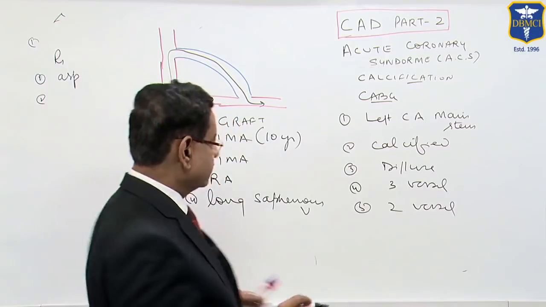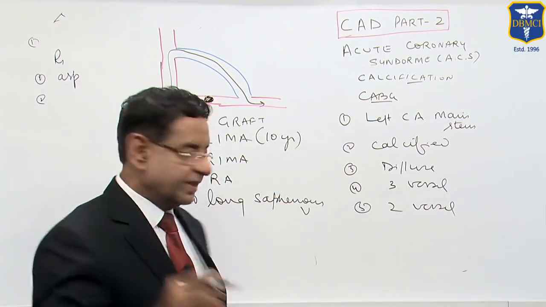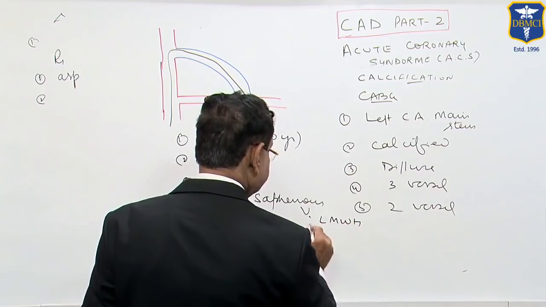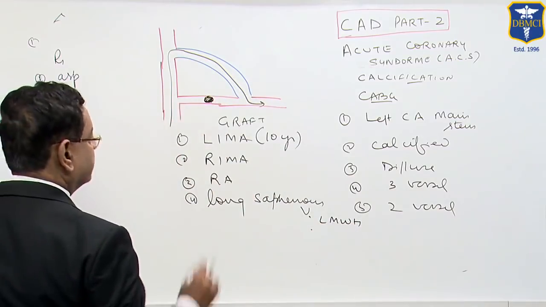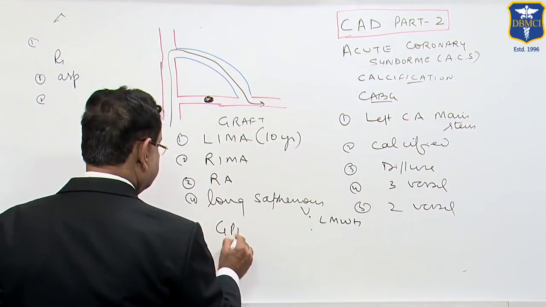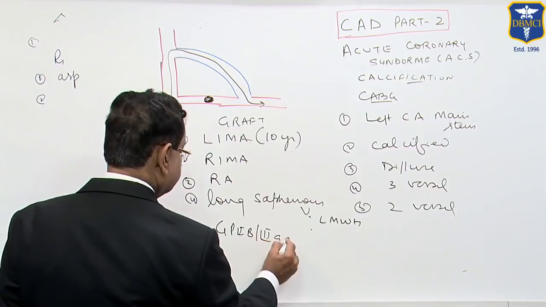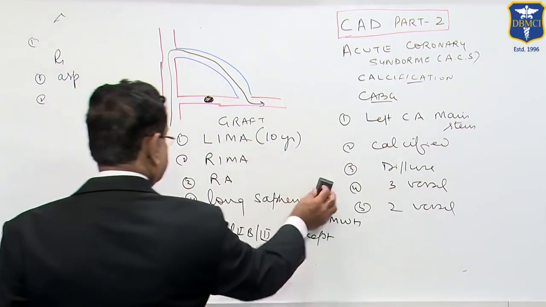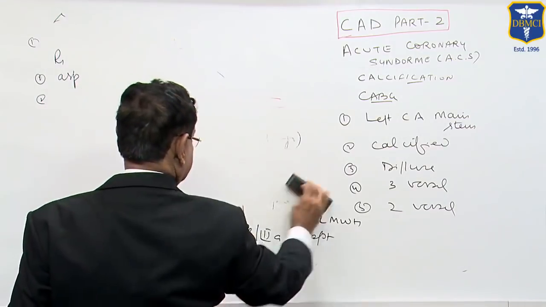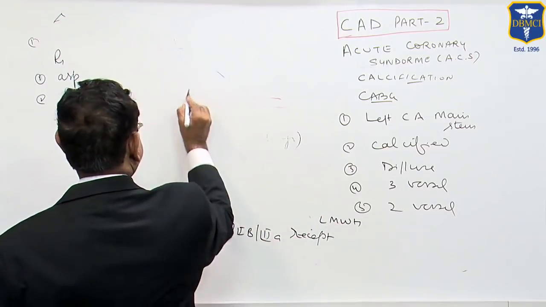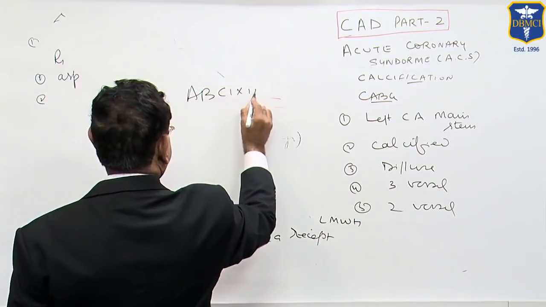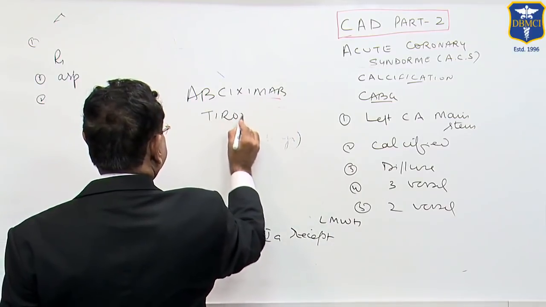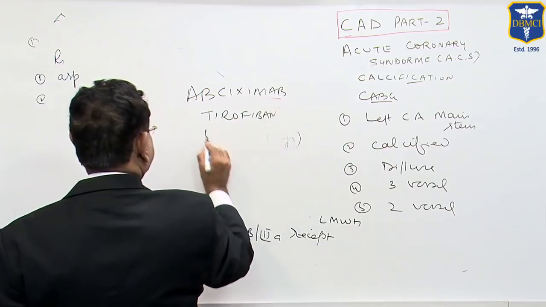In all patients with acute coronary syndrome, in addition to what we discussed, you should use low molecular weight heparin, and we have GP 2B 3A receptor drugs like abciximab, tirofiban, eptifibatide.